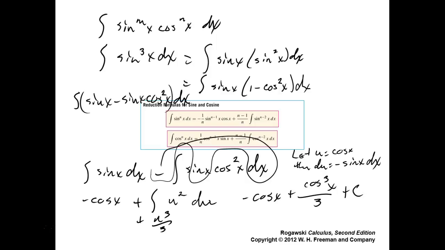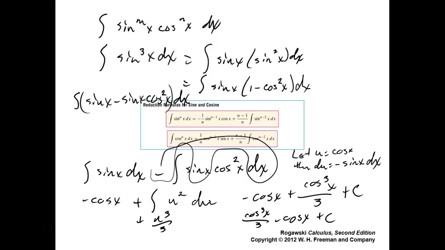And that's exactly what they get here. They just write the cosine cubed x over 3 in front, which I like also: cosine cubed x over 3 minus cosine x plus c. Now, the part that's a little confusing here is whether that is equal to the same thing we got last time.